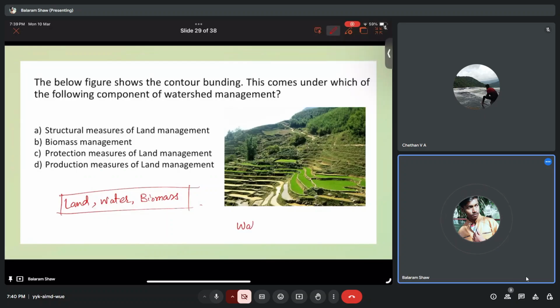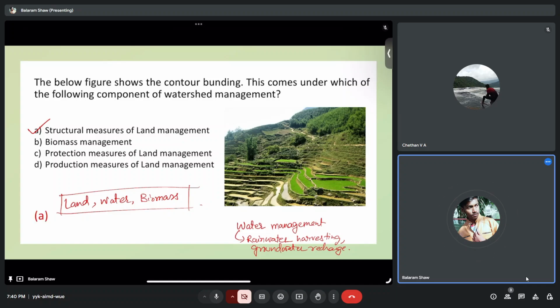Any example for water management? We can do rainwater harvesting, isn't it? Then groundwater recharge and so on. So for this, the correct answer will be structural measures of land management.